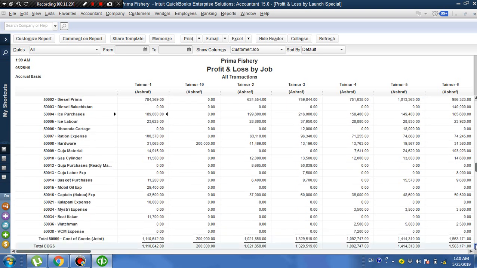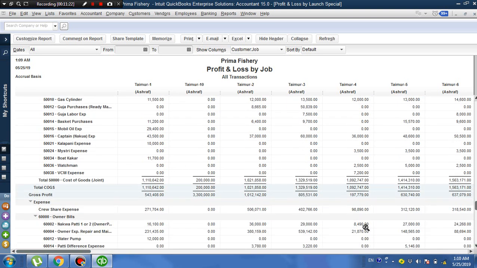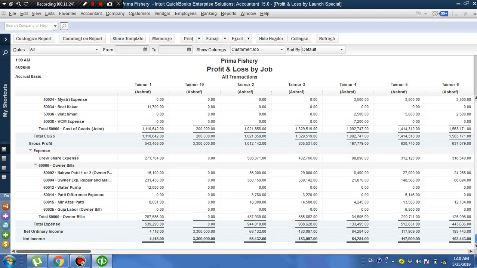Look at this Timur launch. So still there is a lot of work in this P&L to complete, because this is actually the gross profit coming here.